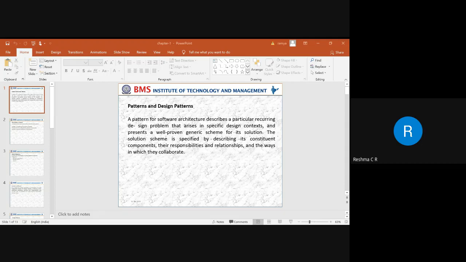For management pattern, an example is the command pattern. And for access pattern, one example that we can have is a proxy server. The proxy is one more pattern.